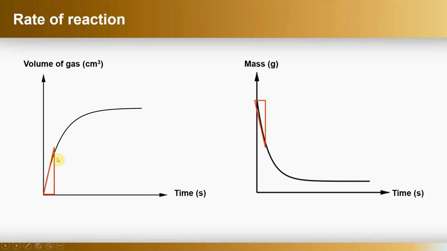As we can see, the gradient is very steep at the beginning. That shows the rate of reaction is very high at the beginning. So at the middle, the rate of reaction decreases, or the gradient decreases, and it decreases even more later on. And lastly, it stays constant, whereby the rate of reaction is 0.